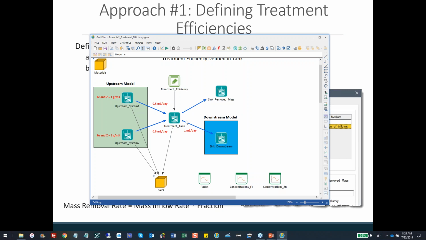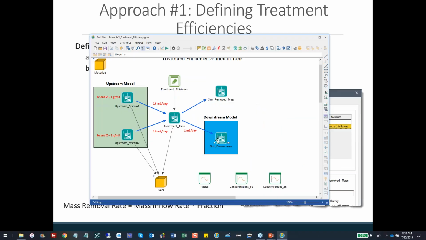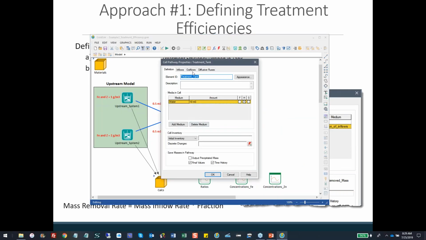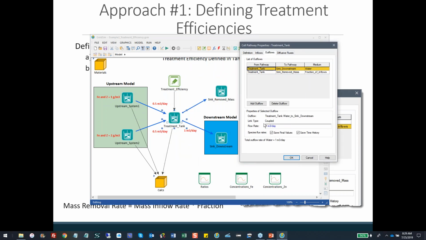The way I do it within GoldSim is I have to define two different outflows. I have my regular outflow where I went from my mixing tank to my downstream source. Let's just look at that one right here. So here's treatment tank to sink downstream. I'm moving 1 cubic meter per day of water.